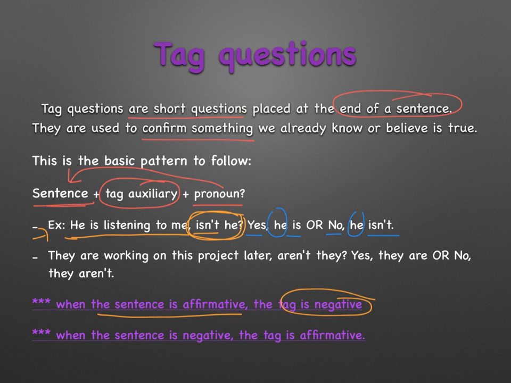So my sentence is affirmative, so my tag is negative, except that I worked with the third person plural, so my auxiliary agrees with my subject. They are working on this project later, aren't they? Yes, they are. No, they aren't.